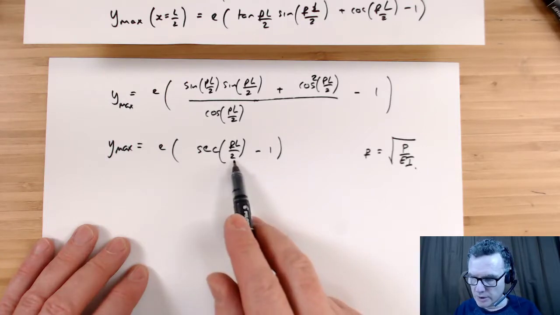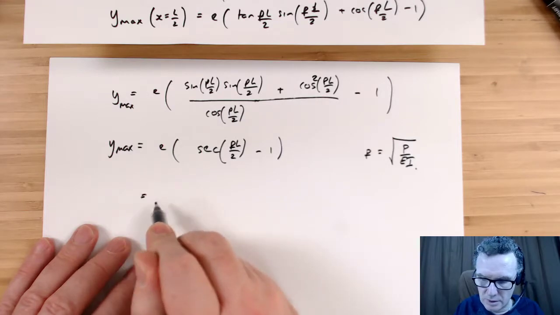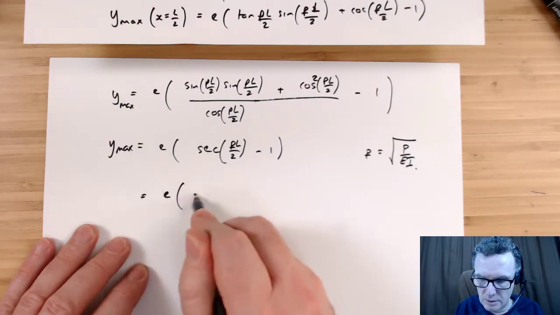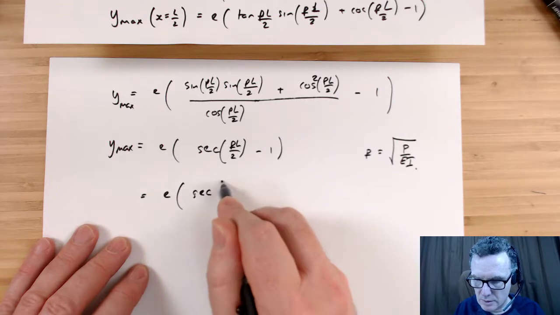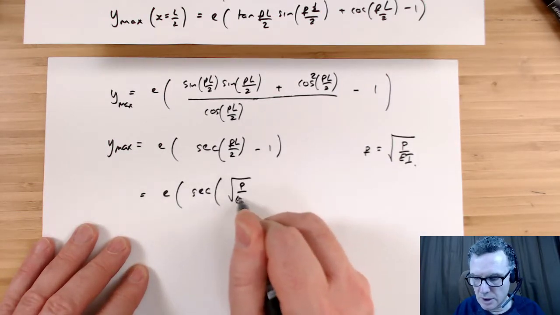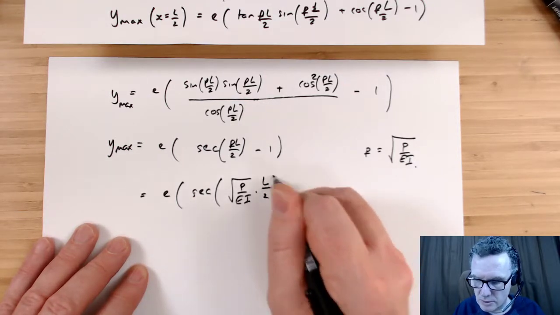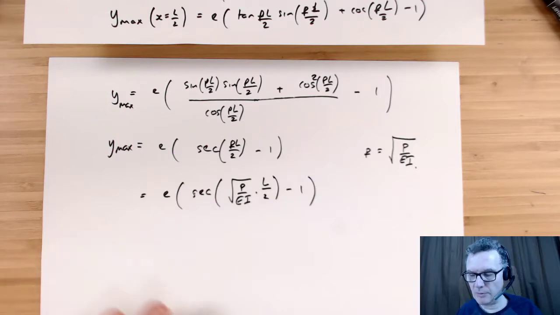So we can go back and substitute that in there: square root big P over EI, L over 2, take away 1.